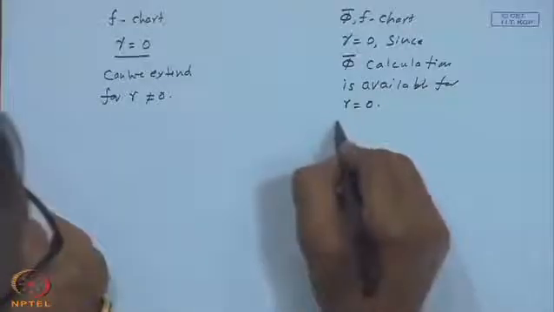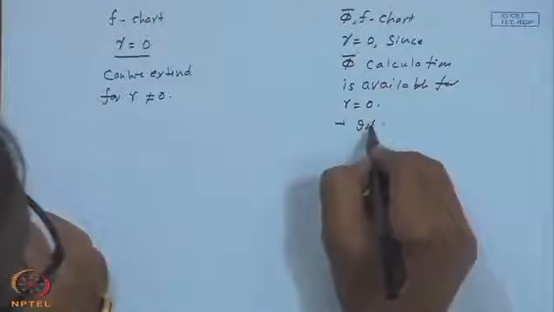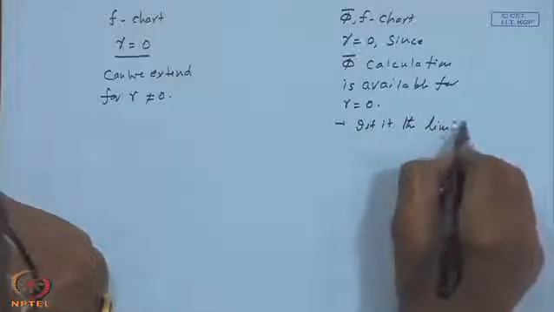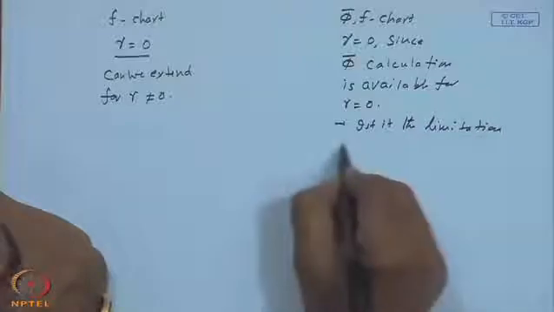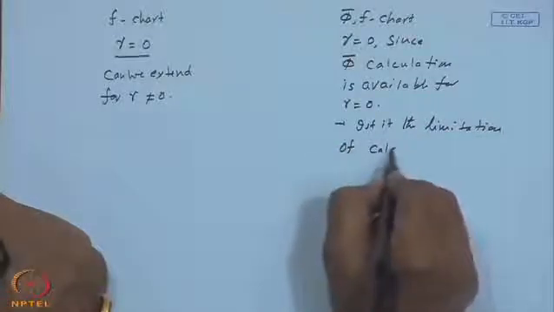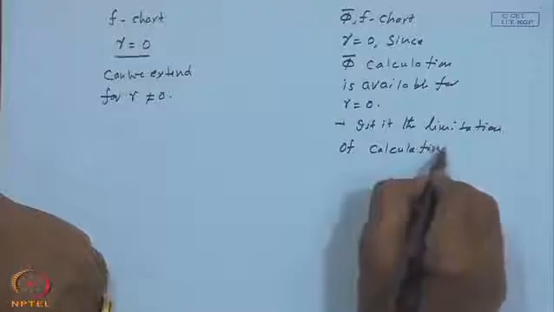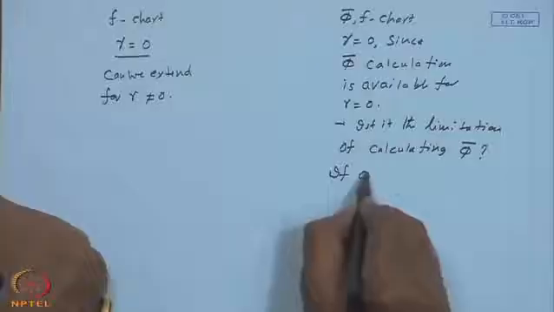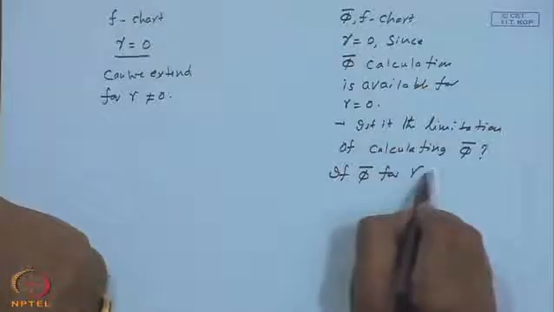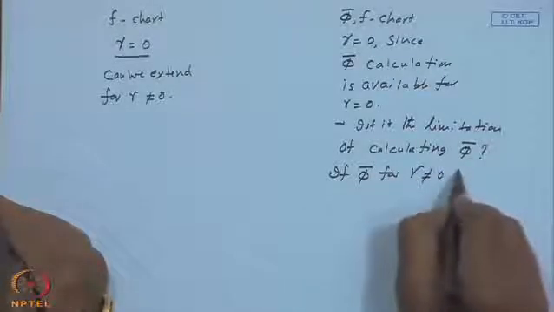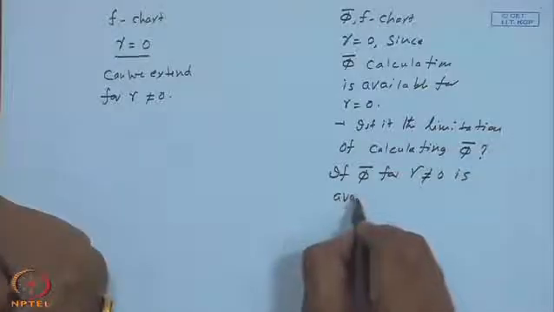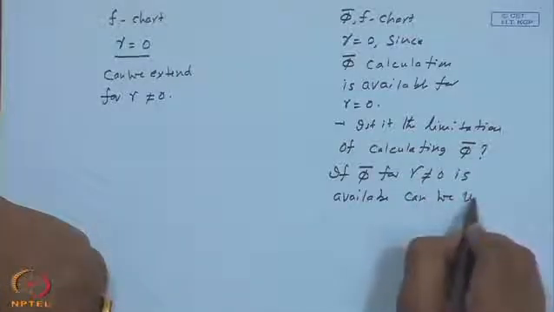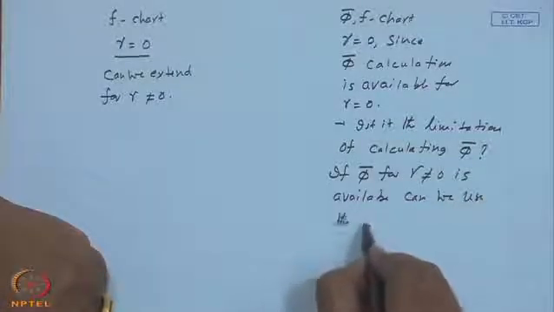Here also we need to know, is it a limitation of calculating phibar, or if phibar for gamma not equal to 0 is available, can we use the same relation?